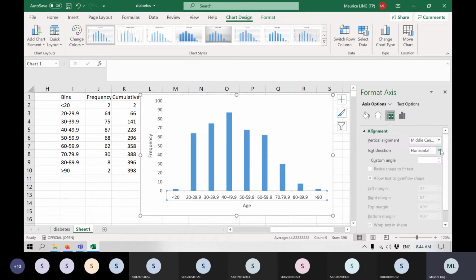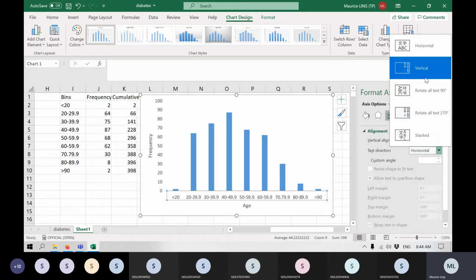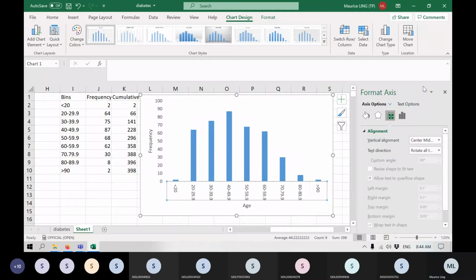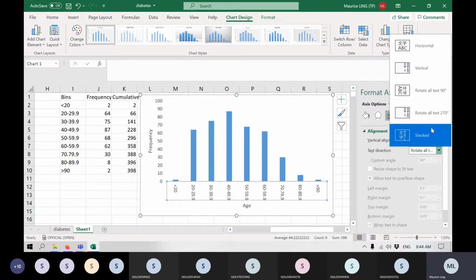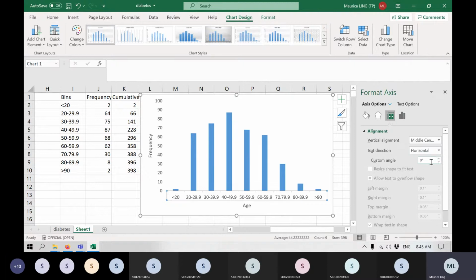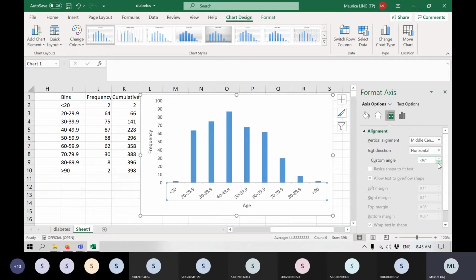Here you can either swap it to this side, which is quite useful but can be problematic, or you can use a custom angle and just tilt it. You tilt to about minus 45 degrees. That should be quite nice already.